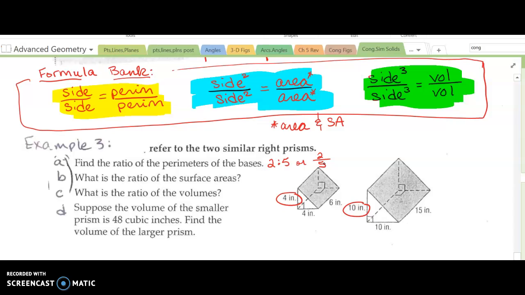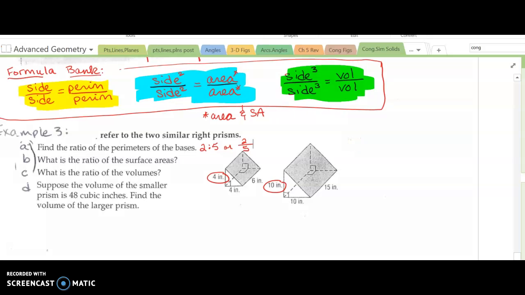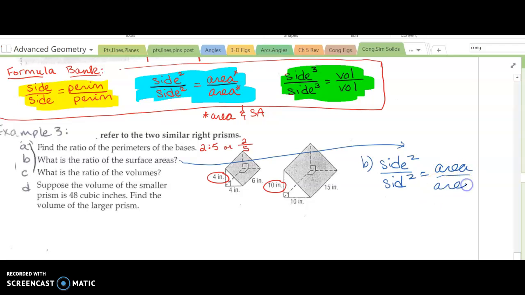All right, now for the ratio of the surface areas, this is for part B. We're going to go to our second formula: side squared is to side squared equals area is to area. And we said it's the same thing whether you're talking about surface area or actual area.